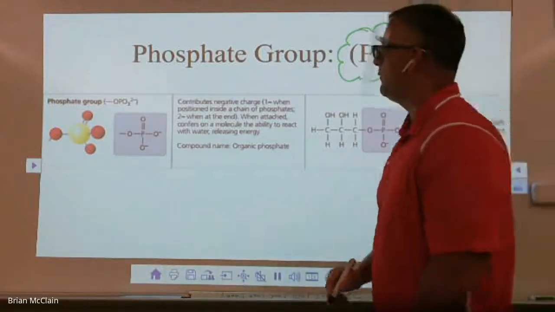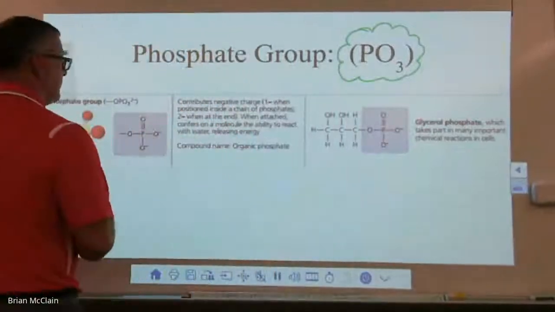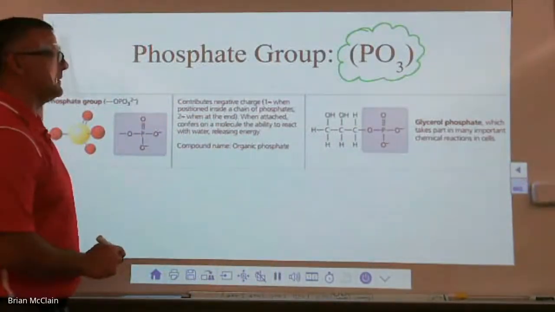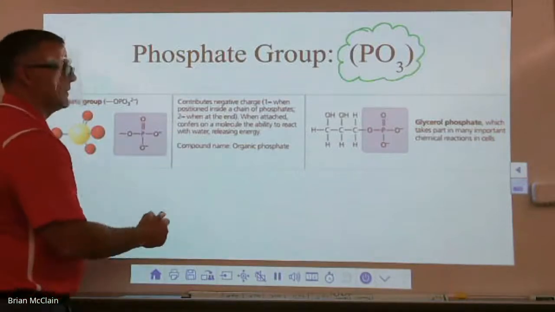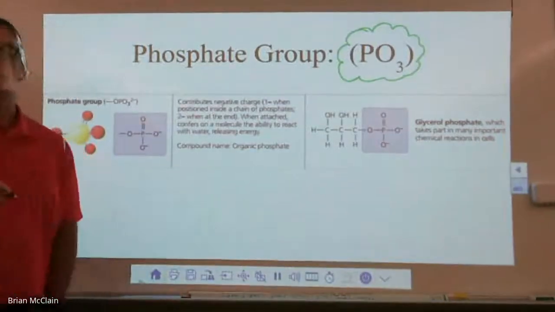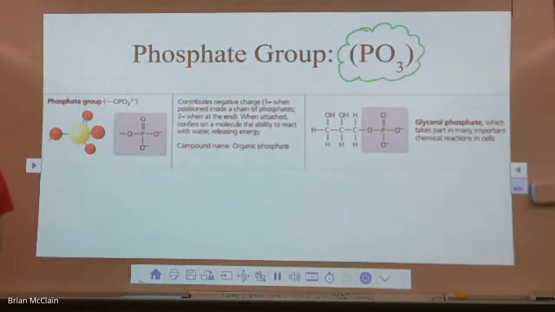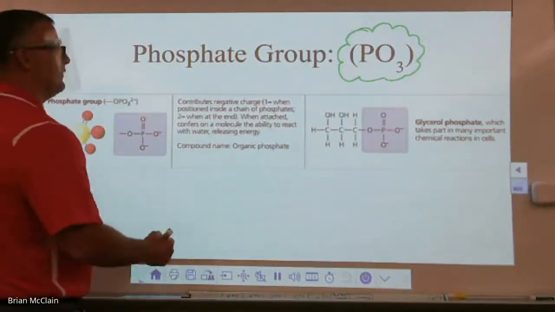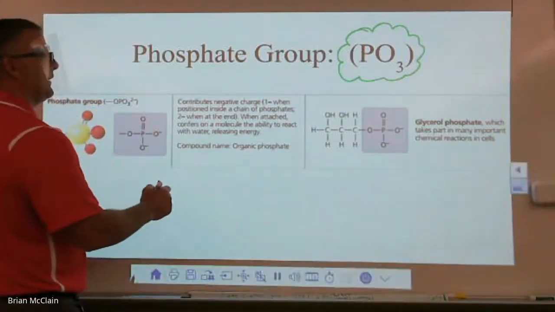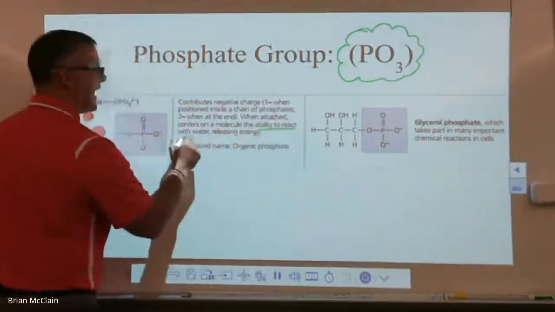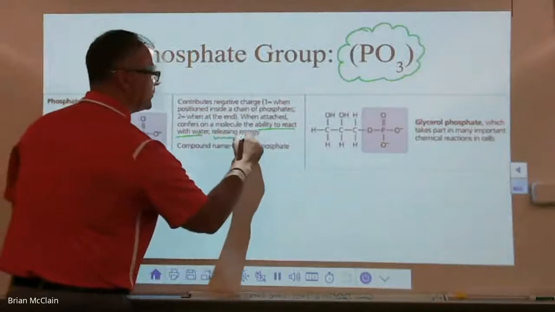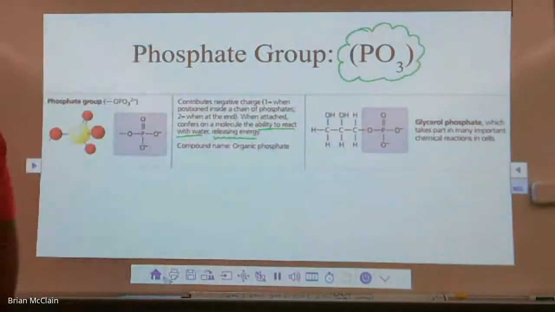So phosphate is going to be part of, in many instances, our energy molecules. When we think about adenosine triphosphate, ATP, the main energy molecule, guanine triphosphate, a lot of times these things are going to have the ability to react with water, and they are going to release a quantity of energy.